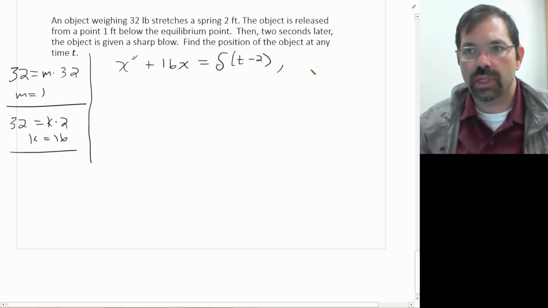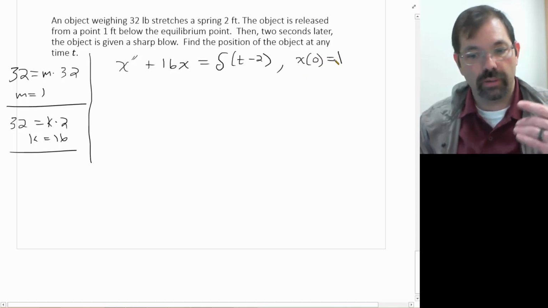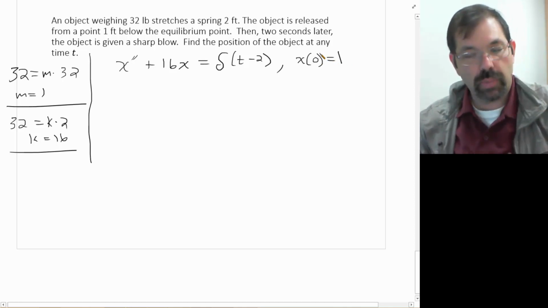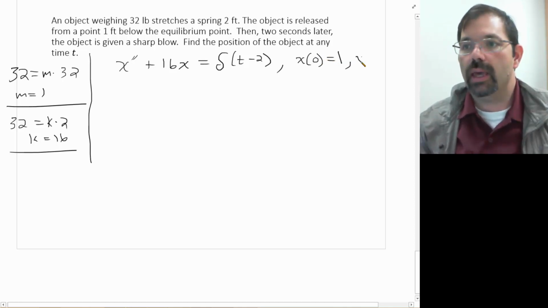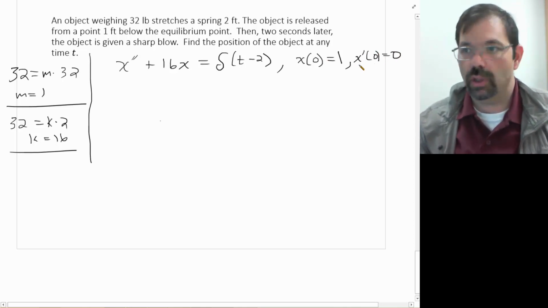What are my initial conditions? The object is released from a point 1 foot below the equilibrium position, so its initial position is 1. Remember our convention: below equilibrium is positive position. And it's released, so its initial velocity is 0.